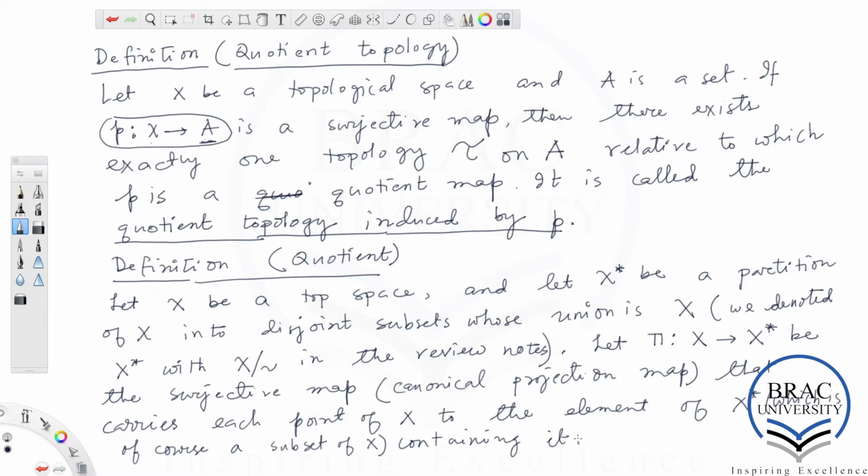So now we invoke the definition of quotient topology. We see that pi is a surjective map.